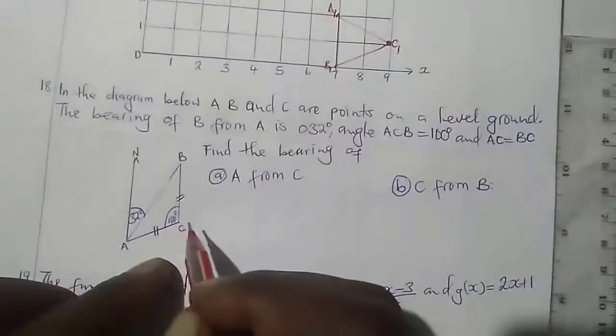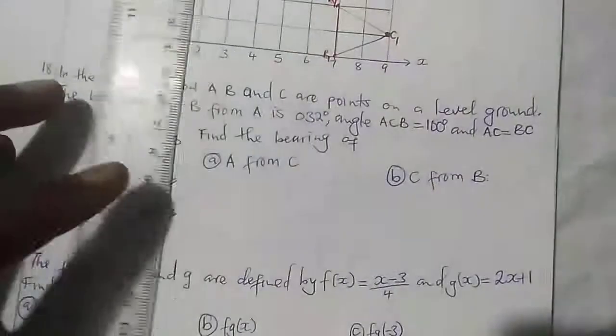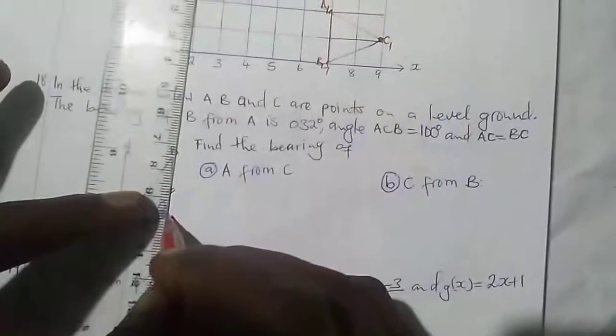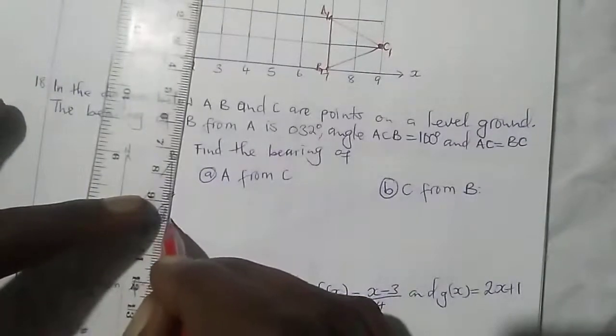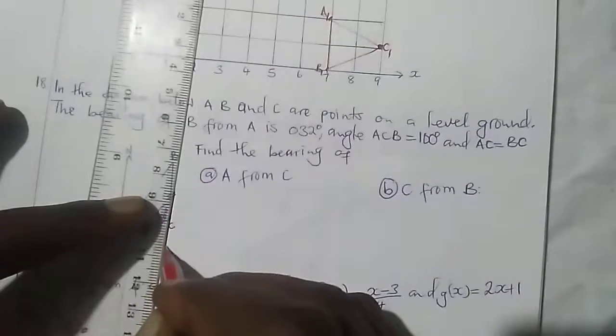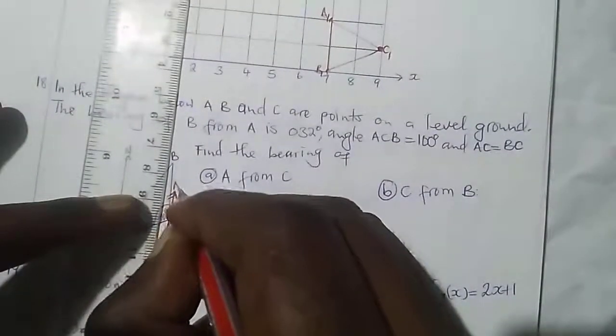Okay, so the bearing, first of all, what we need to do is draw the north line here, the imaginary north line. This is the line which is north.